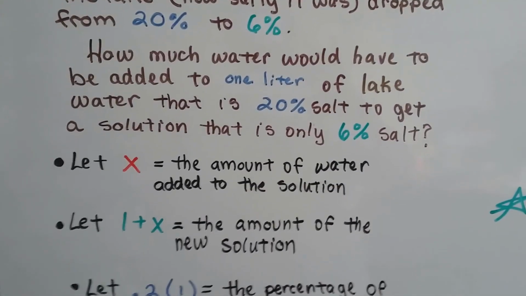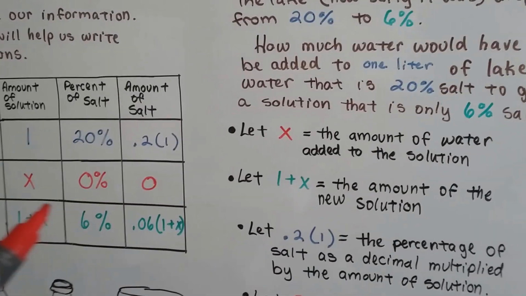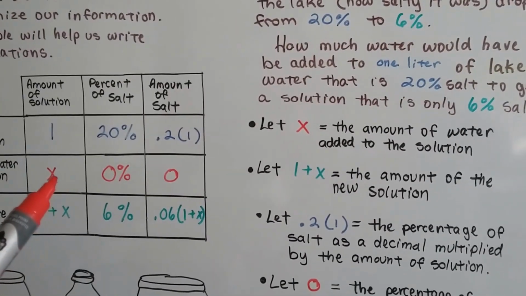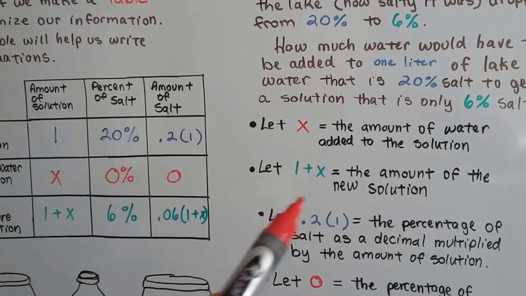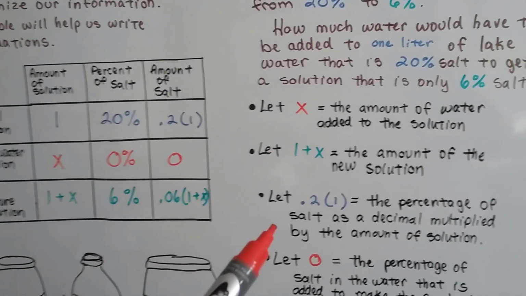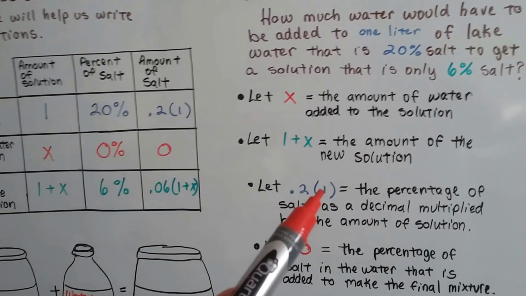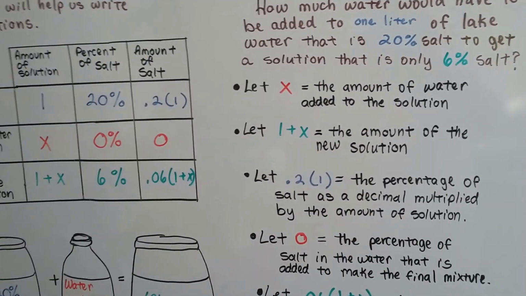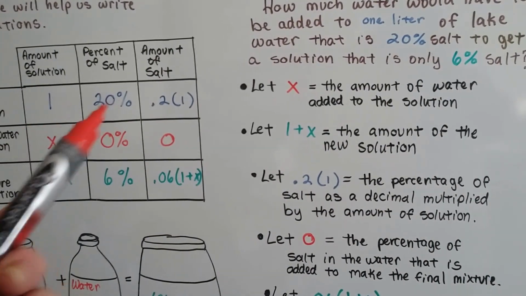We're going to let X be the amount of water that was added to the solution. This is the amount of clean water. We're going to let 1 plus X be the amount of the new solution. We're going to let 0.2 for 20% times 1 be the percentage of salt as a decimal multiplied by the amount of the solution.